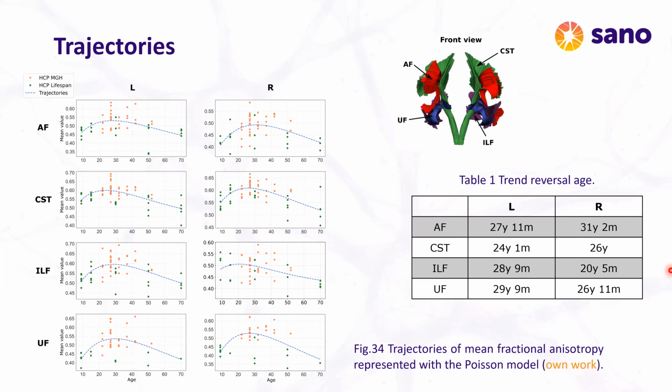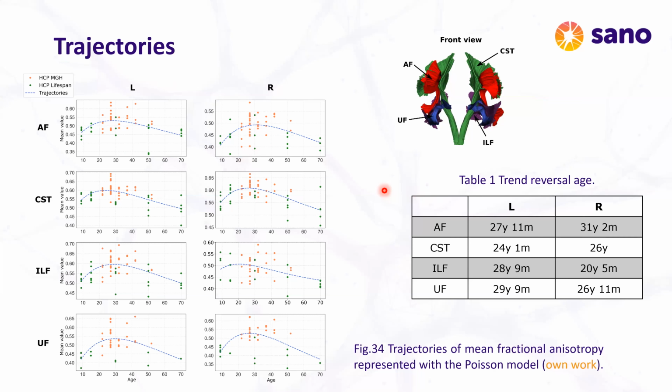And in addition, the analysis of trajectories of microstructural parameters showed regionally differentiated nonlinear changes over a wide range of age. And in the case of fractional anisotropy, these changes are in an inverted U shape, with the maximum occurring mainly between 25 and 30 years.